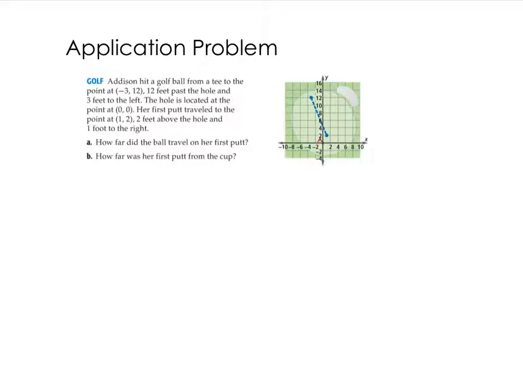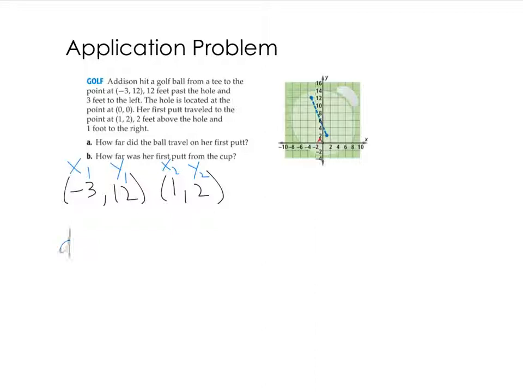Well, if we look at this, she's putting from the tee at (-3, 12) and then to the point (1, 2). So we need to find the distance between those 2 points. So -3 would be x1, 12 would be y1, and then x2, y2. I'm going to use that distance formula that we already learned about.